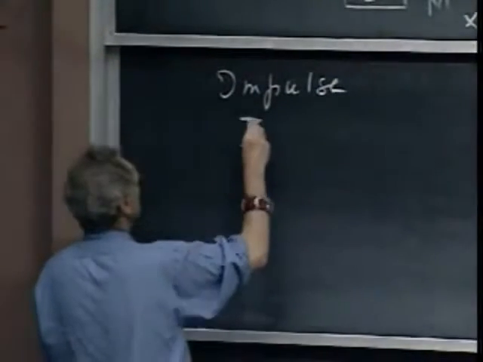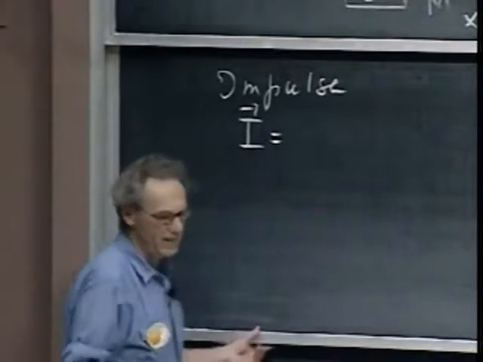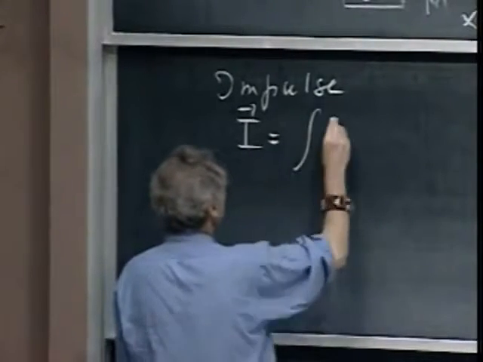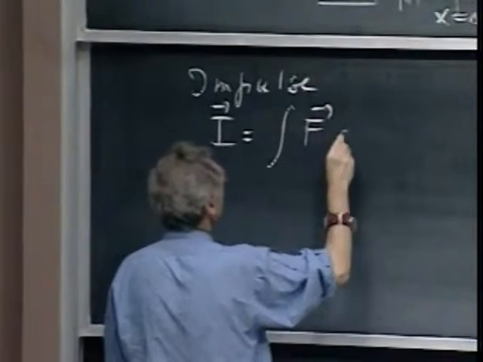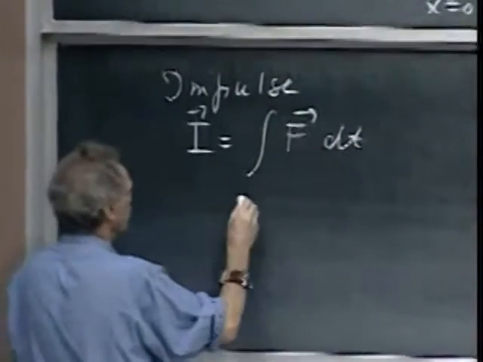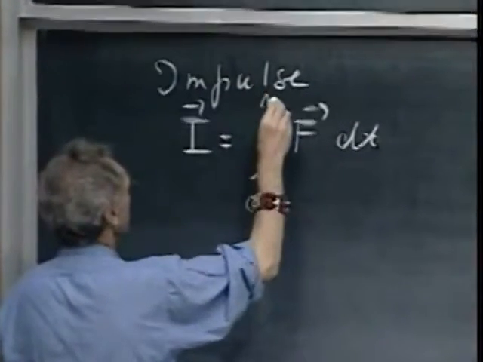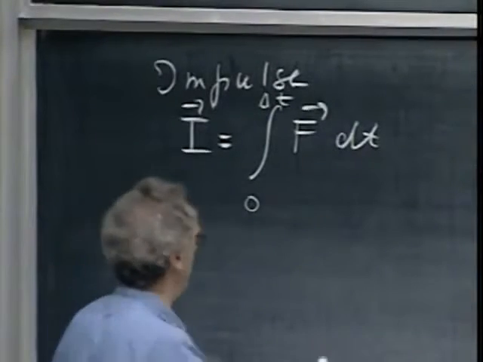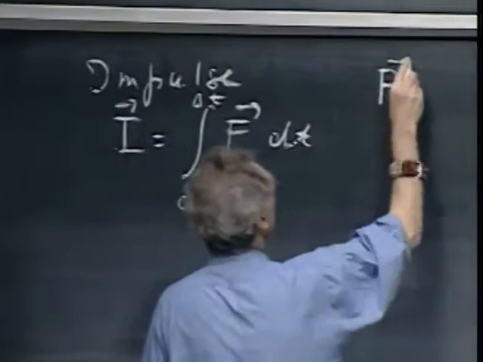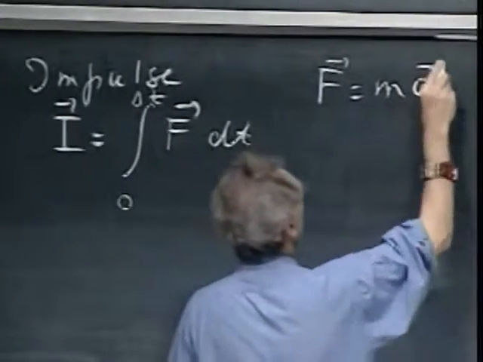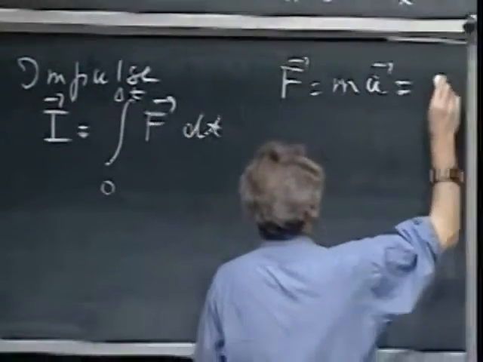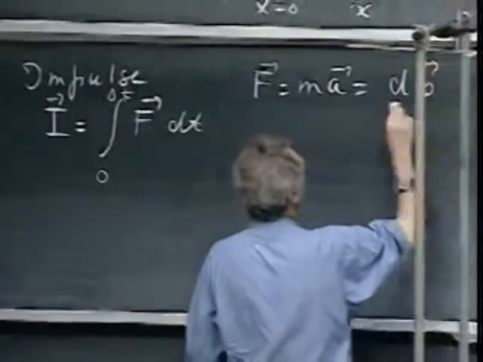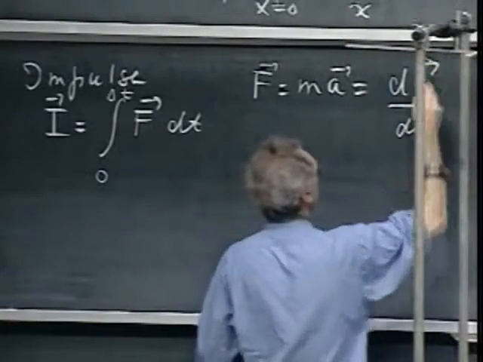Impulse is a vector, and it is defined as the integral of F dt during a certain amount of time, let's say from 0 to delta t. Now F equals ma, which is also dp/dt. We have seen this now several times.